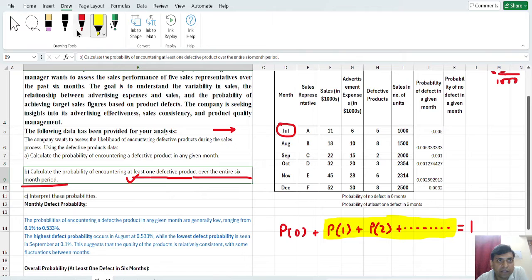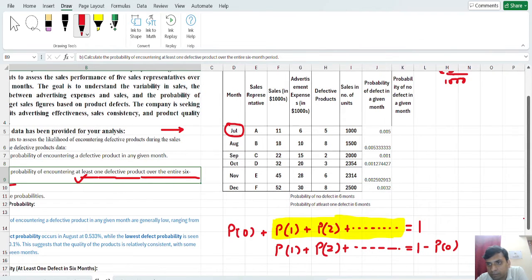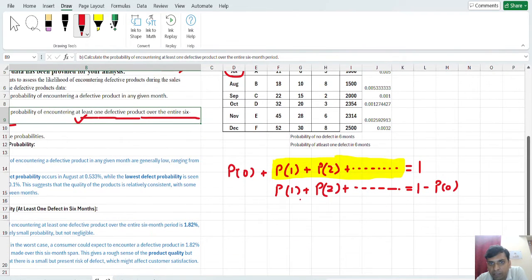We can write this formula as P1 plus P2 plus up to n terms equals 1 minus P0.